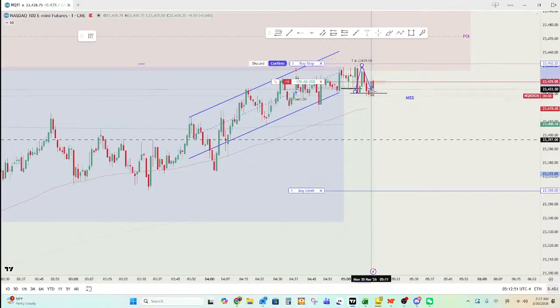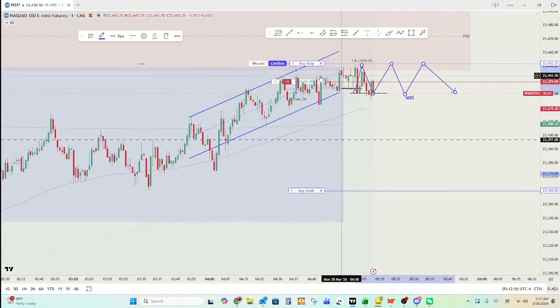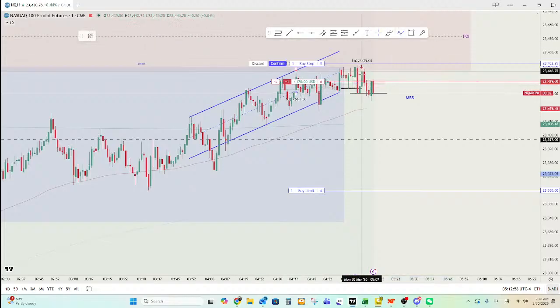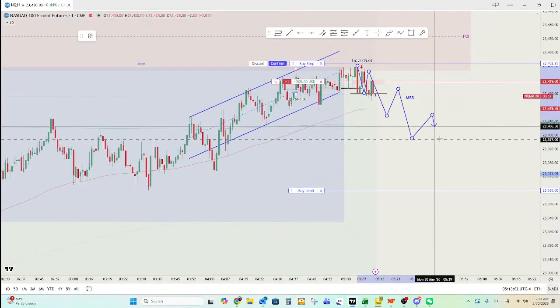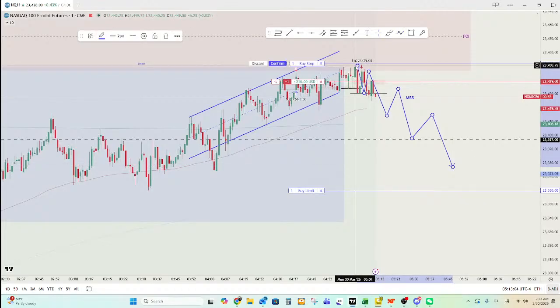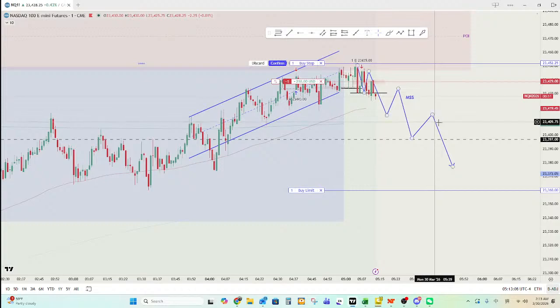It's either this way like this, or it could be like this. So this will be a trend, like you see, lower low, lower high.